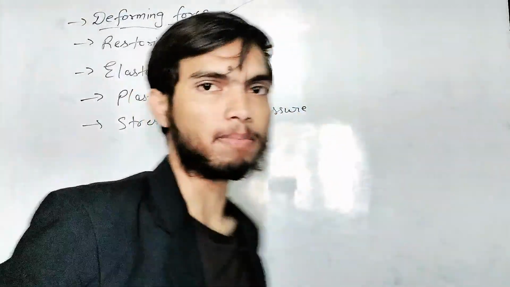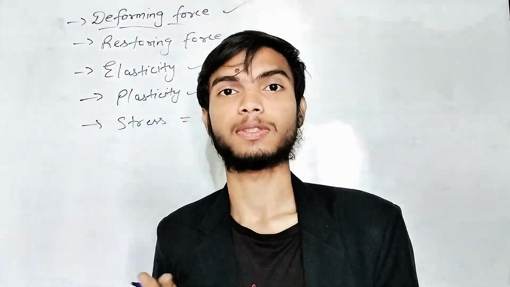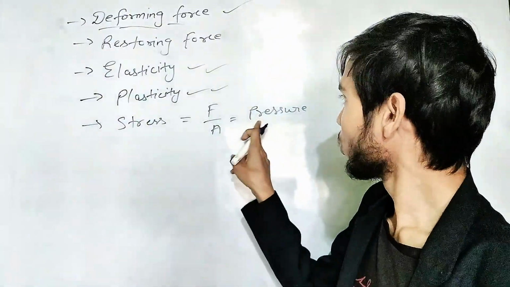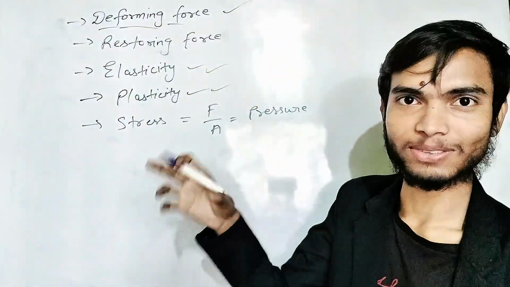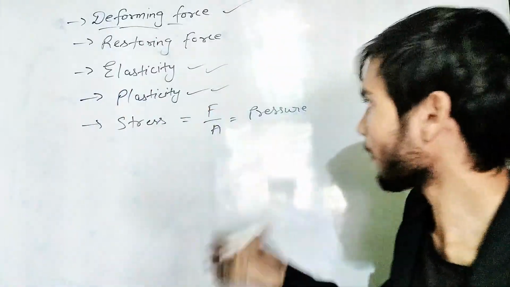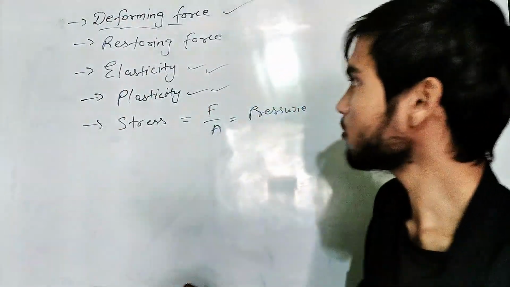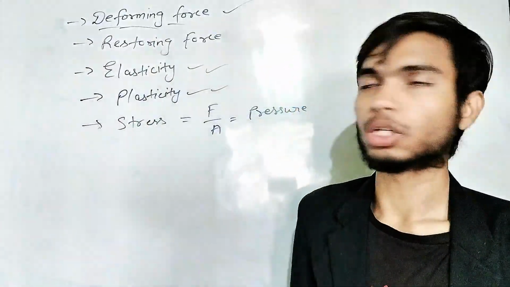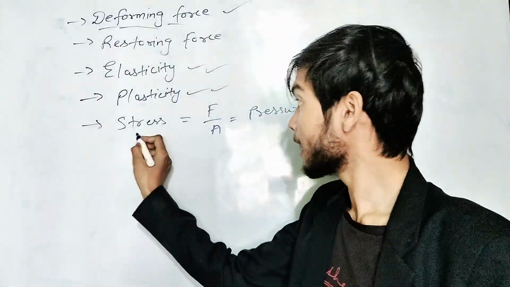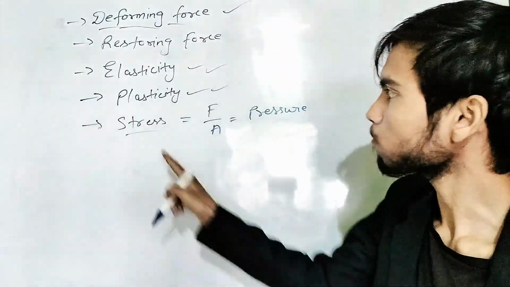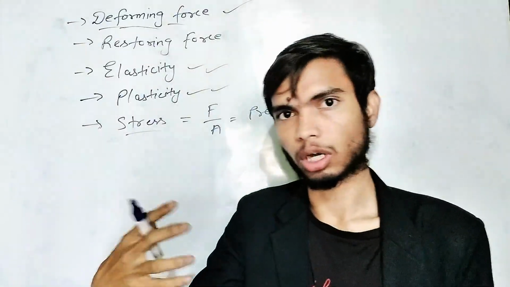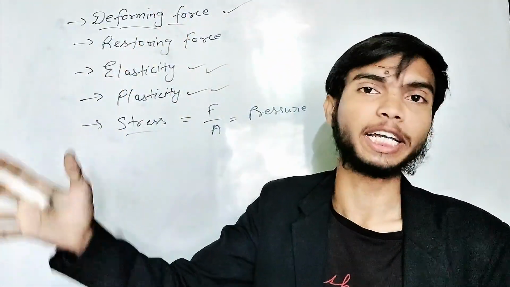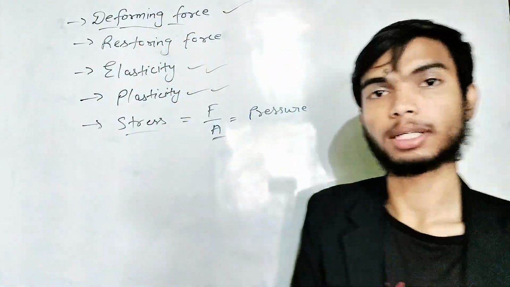Again, we are in the context of physics, so don't think that this is the pressure we speak of in our life. So stress means F upon A. From this F upon A, we can define stress. It states how much deforming force you have applied per unit area. On per unit area, how much?